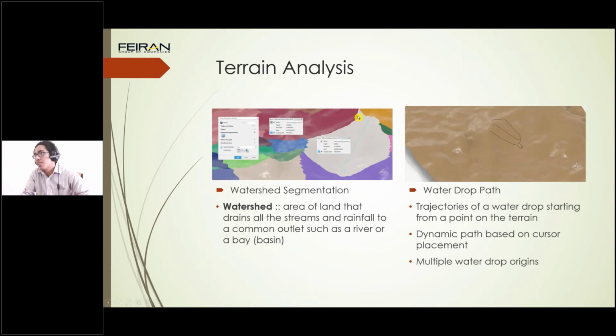This high point here is flowing according to the ridges and valleys analysis that we have performed earlier, and similarly combined with the slope analysis, this watershed segmentation analysis generates the shortest path. The shortest path for a water drop to take from the top point or highest point of this watershed to its lowest point. Okay, the lowest point is called a basin.